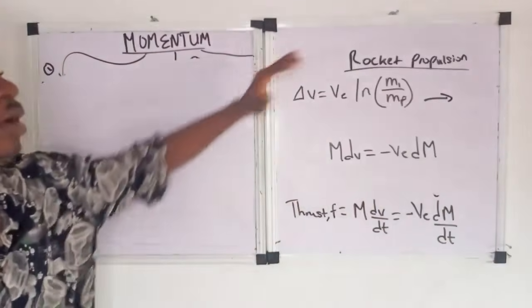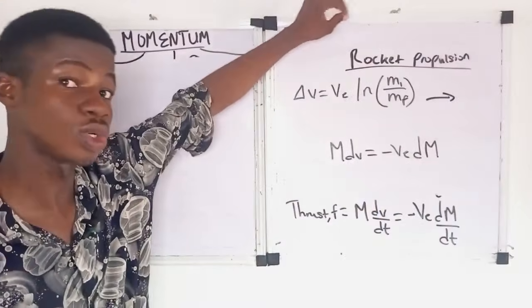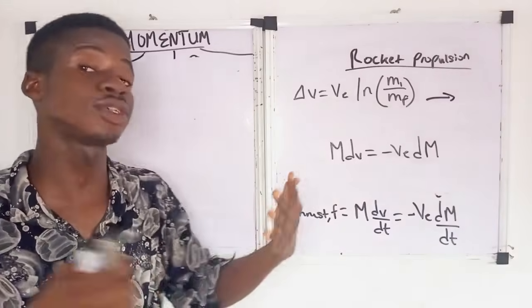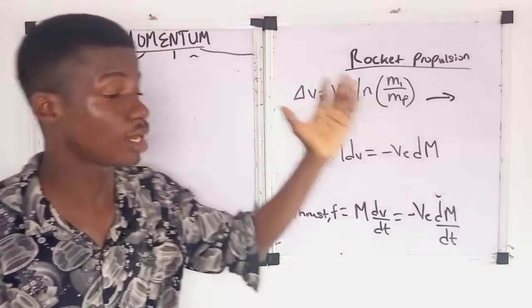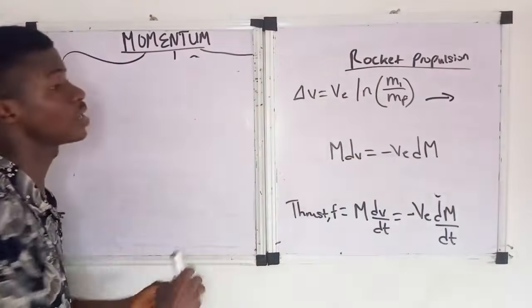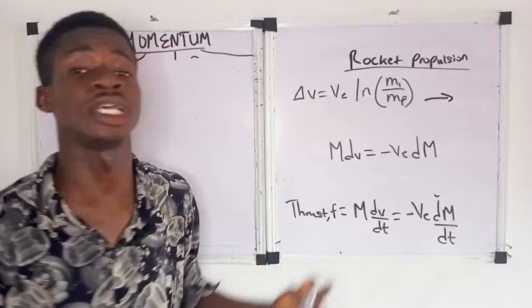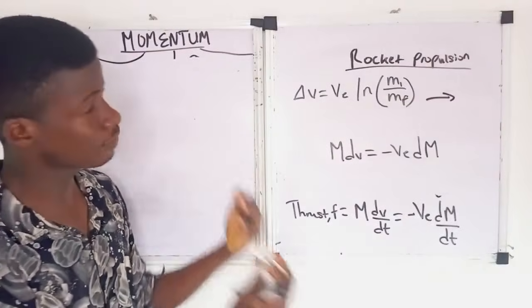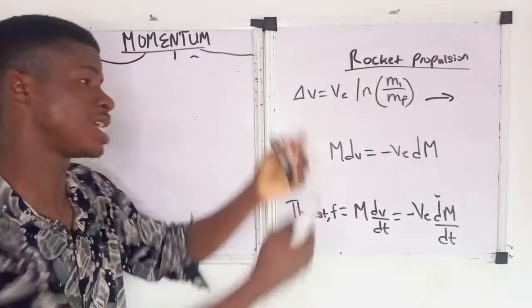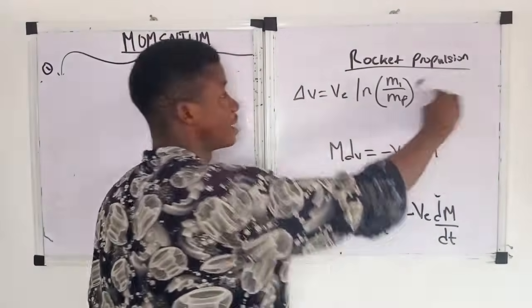So rocket propulsion is also an application of conservation of momentum. These are also the formulas we are going to use to solve questions regarding rocket propulsion. Now let me explain everything so that you understand better.